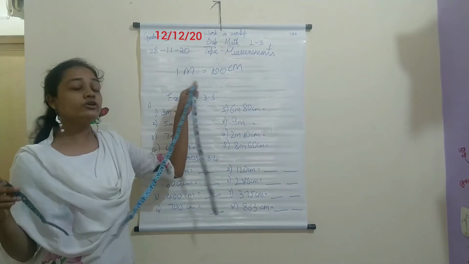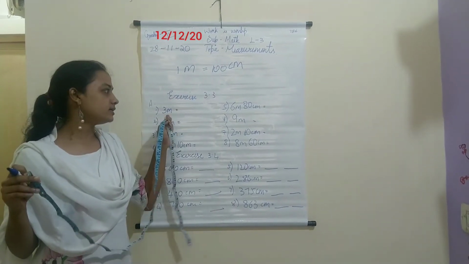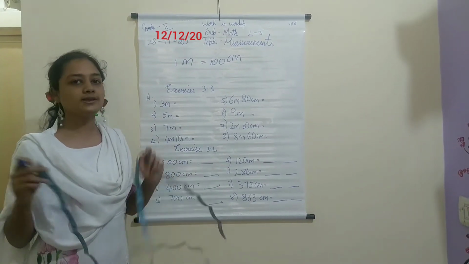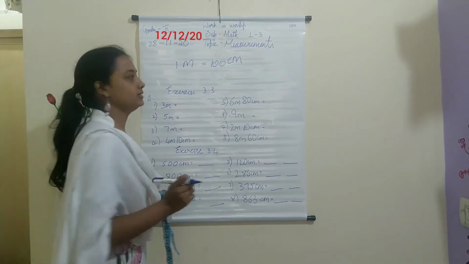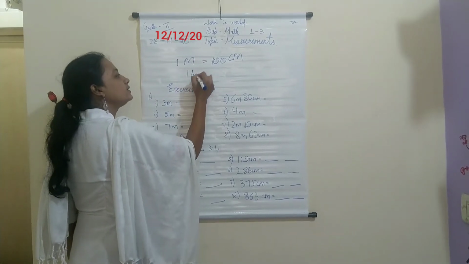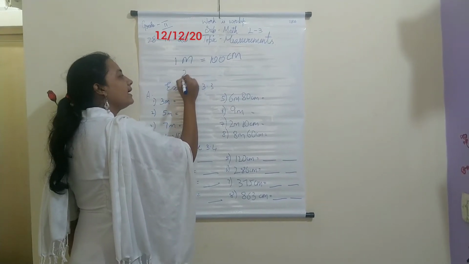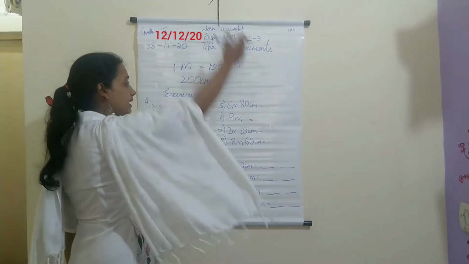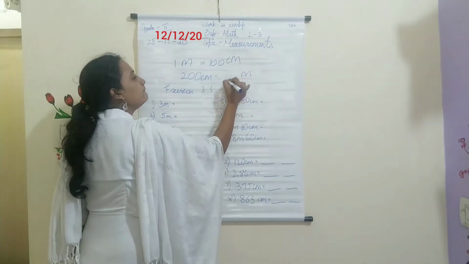So now we are going to use this number and convert from meters to centimeters and from centimeters to meters. Before going for the exercise, let us see one small example. I'll take a simple number for you. I have 200 centimeters and I want to write that in meters.